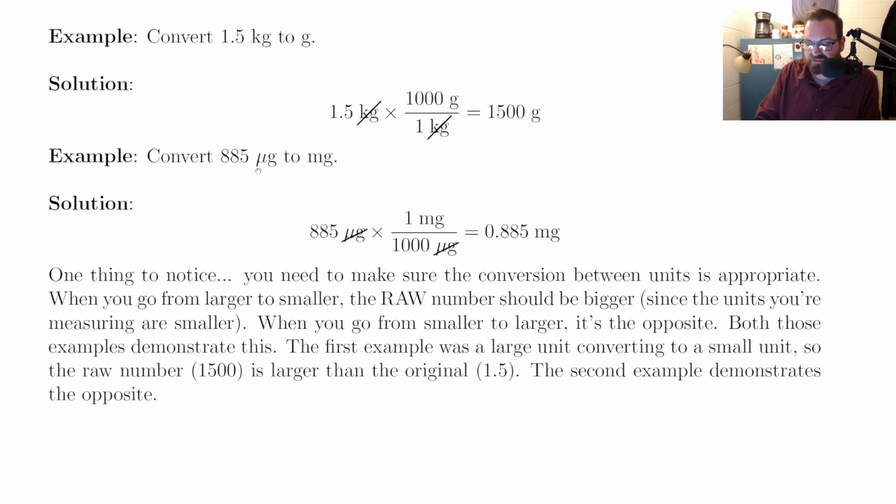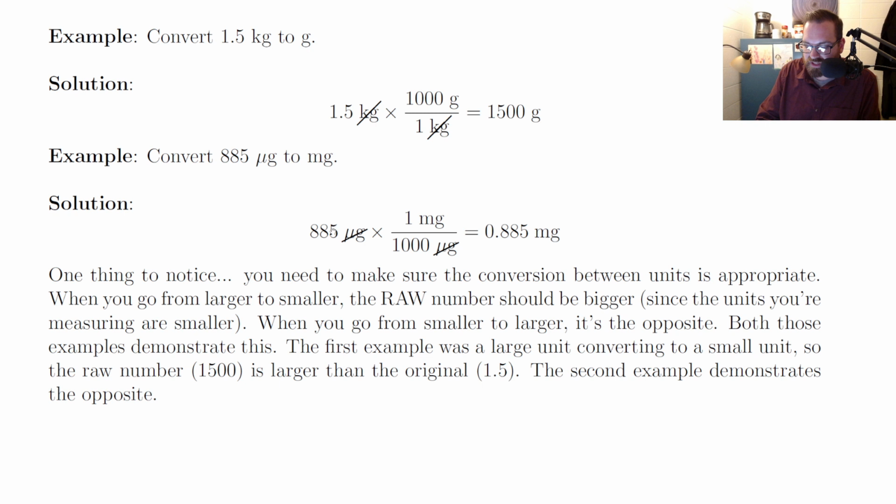It's really just a factor of 1,000. Milligrams is 10 to the minus 3, and micrograms is 10 to the minus 6. The difference between minus 3 and minus 6 is minus 3. So that means it's a factor of 1,000. It's basically 3 zeros, is the way you can think about it.